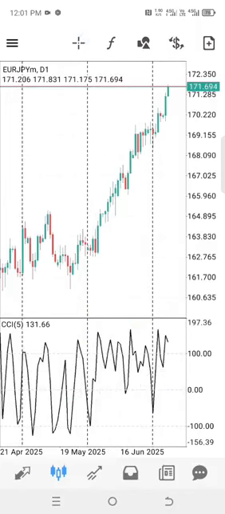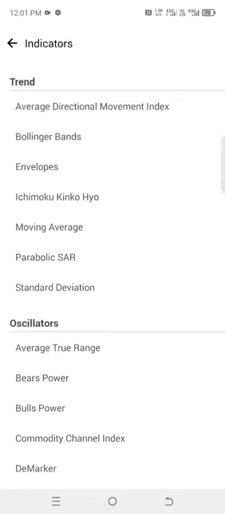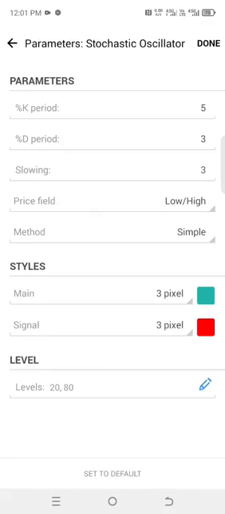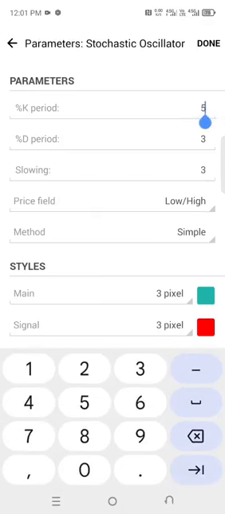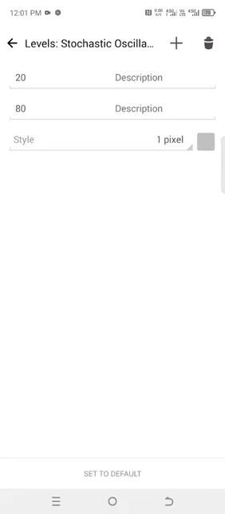Now we're going to go straight to adding the next indicator, which is called the Stochastic Oscillator. We are going to be working with a period of 14 and levels 20, 80, and one more level, level 50.